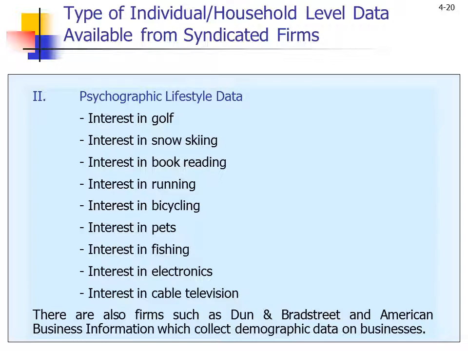There are also firms such as Dun and Bradstreet and American Business Information that collect these demographic data or psychographic lifestyle data about the consumer and provide the data for the firms that need these external secondary data.